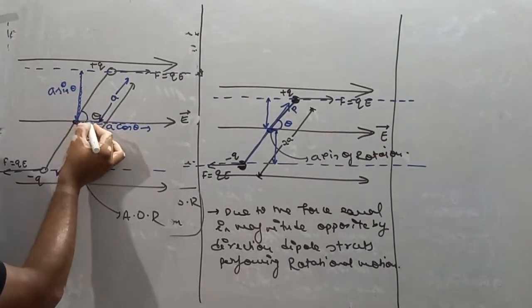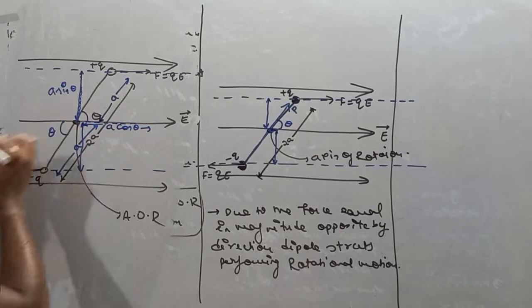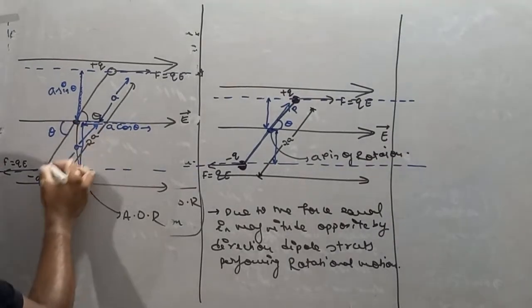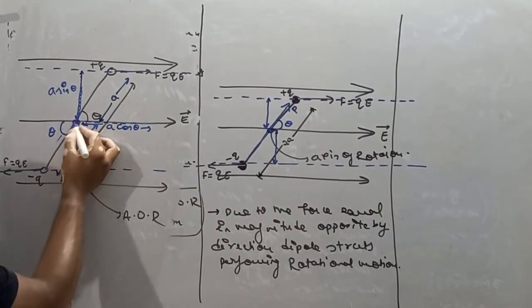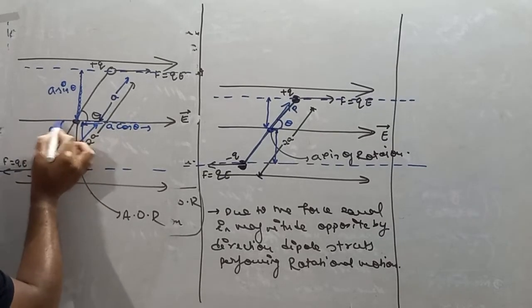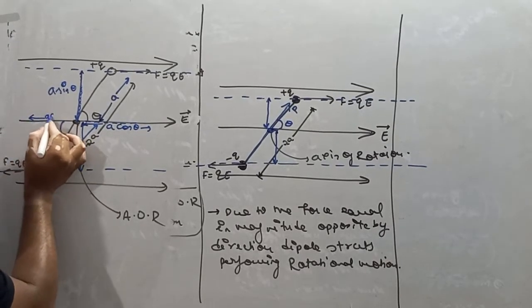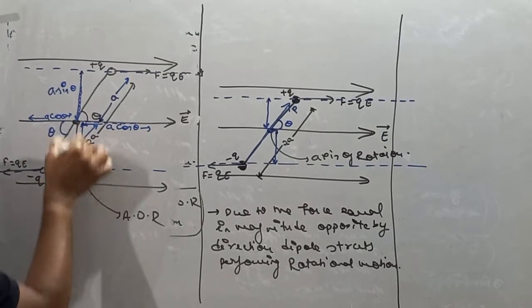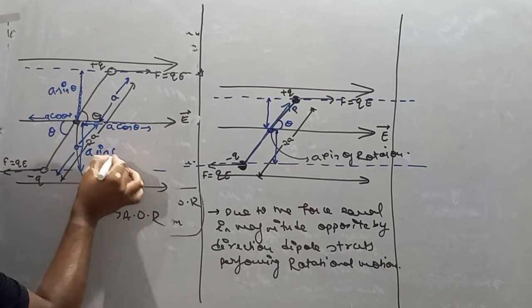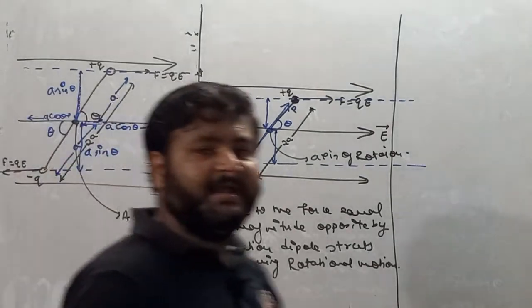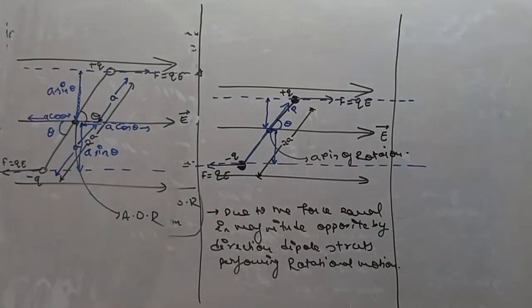Similarly, if this angle is theta, then this angle must also be theta, and this distance is also a. So if this distance is a and this angle is theta with this axis, then this is a cos theta and the perpendicular distance is a sin theta. I hope you all are getting how we get the perpendicular distance.